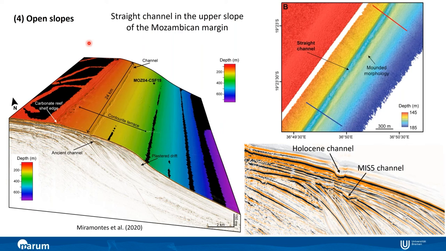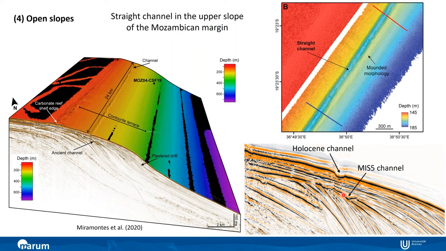And we see a similar object that has been dated to the last interglacial. So also during the last high sea level stand, we again had the formation of another of these channels. And here we also have evidence of internal waves from the seismic of the water column.